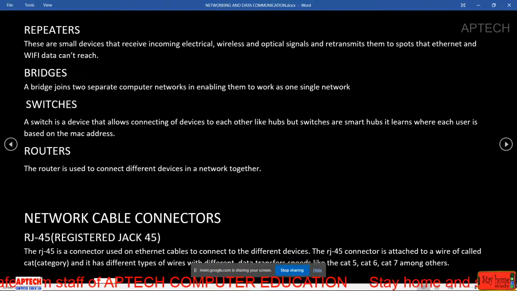Okay, switches. I think I've talked a lot about switches, but if you're trying to know what a switch does, a switch took over the work of a hub of sending information from one port to the other.